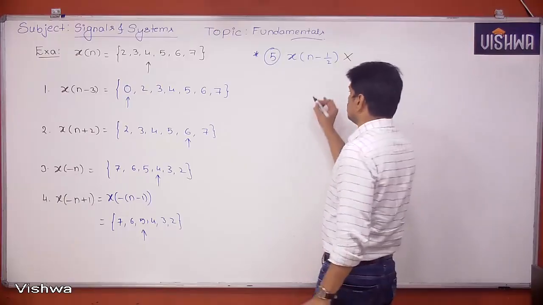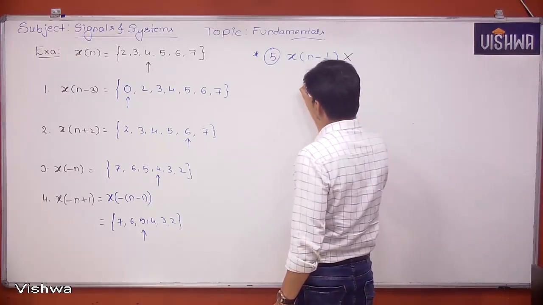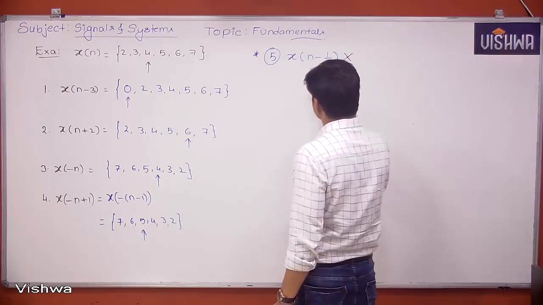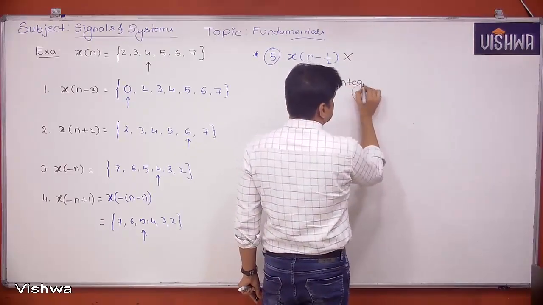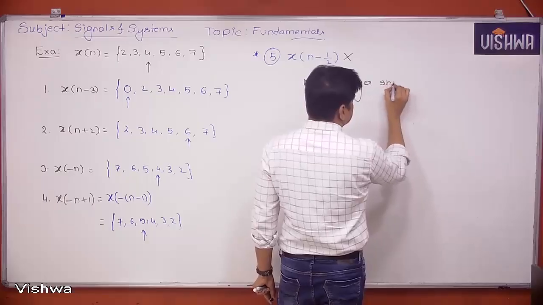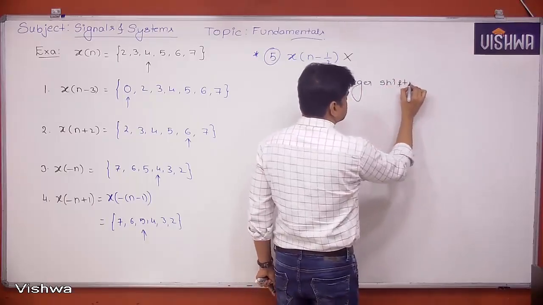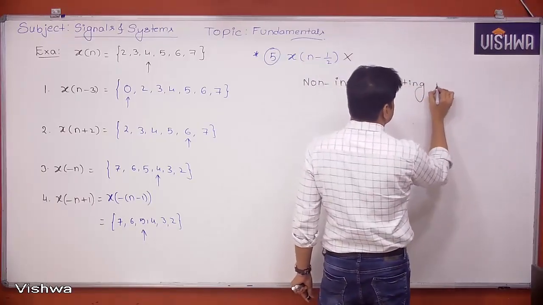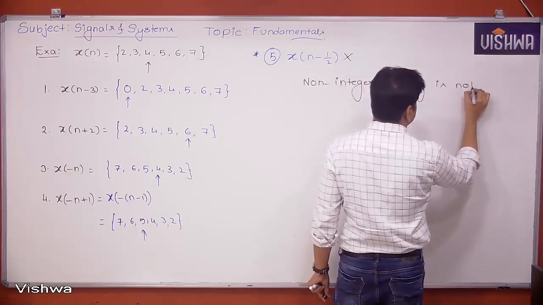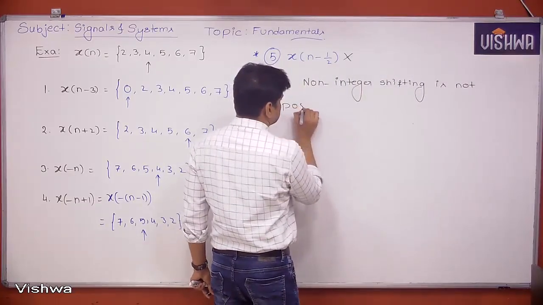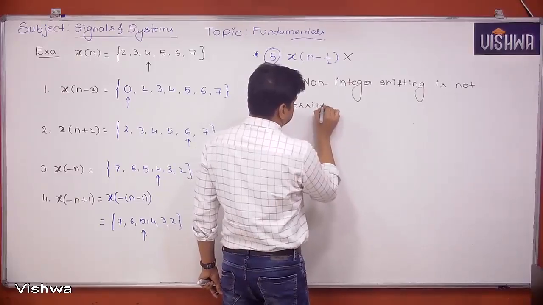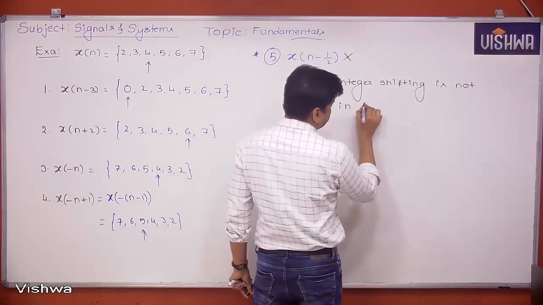Non-integer shifting is not possible in discrete time signals.